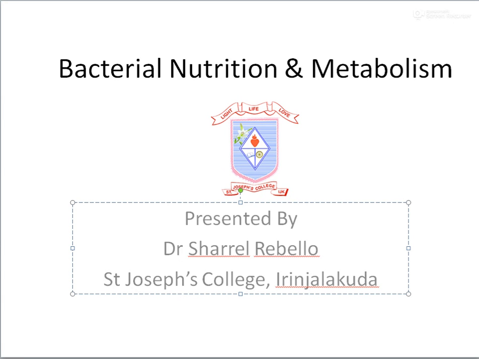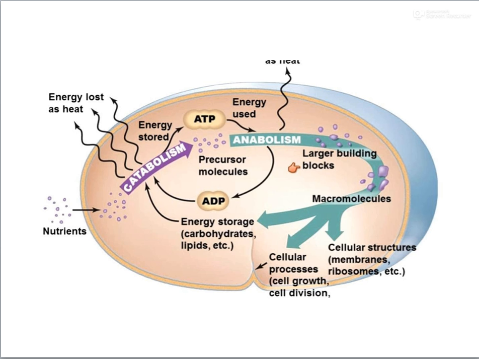In the previous sessions we mentioned how bacteria take up various nutrients which it requires through various mechanisms. Now it needs to use these nutrients to produce energy. This production of energy is possible only when the nutrients it takes are broken down into small particles and at the same time ATP is generated.